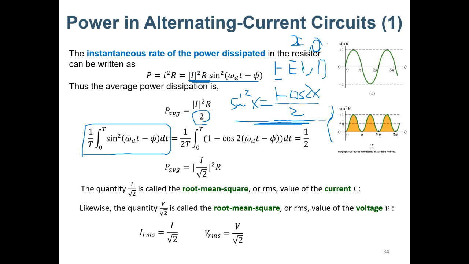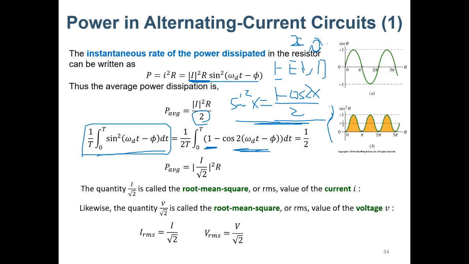So we calculate this integration. We integrate the 1 and also the cosine 2x. Integrating 1 gives t, and then substituting capital T and 0 and subtracting, we have T, and this T and that T cancel.